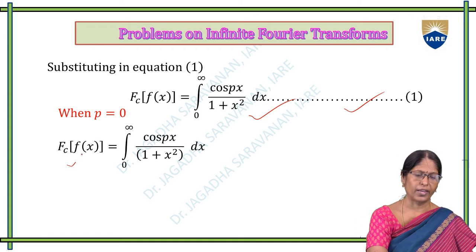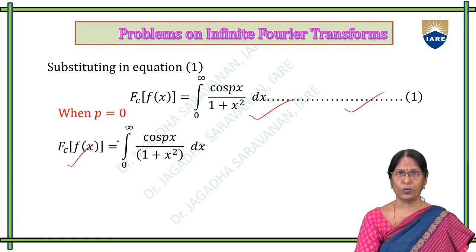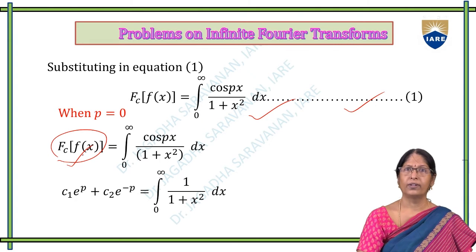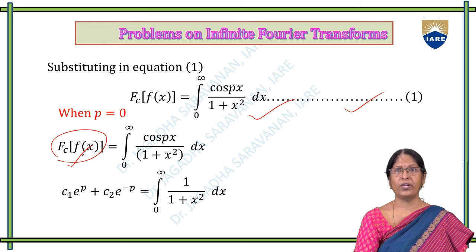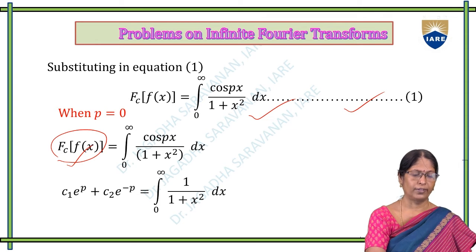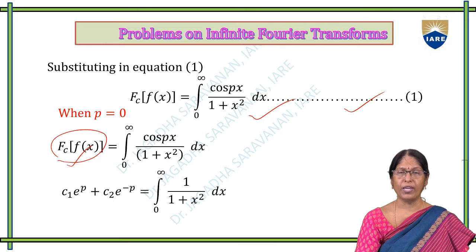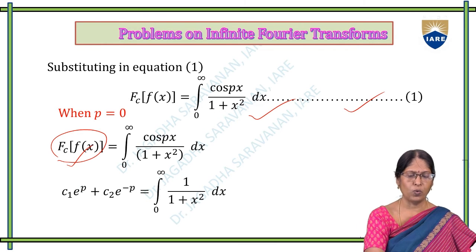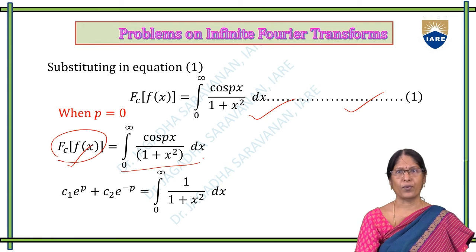This we solved the differential equation in terms of Fc of f of x, that is c1 e power p plus c2 e power minus p equal to this, our right hand side.